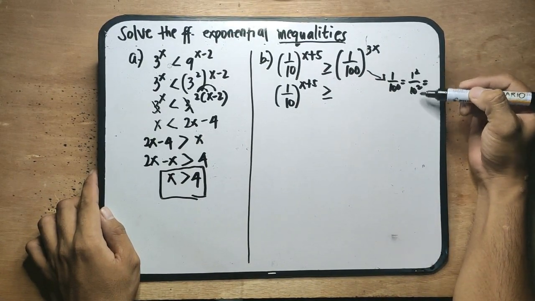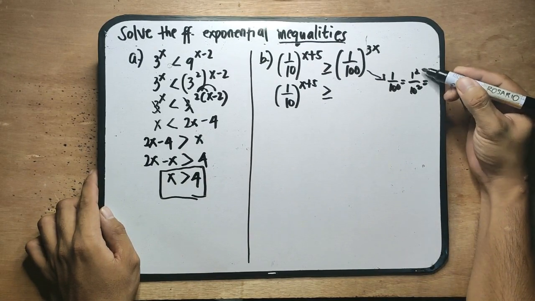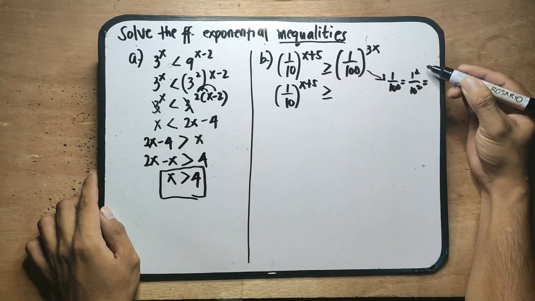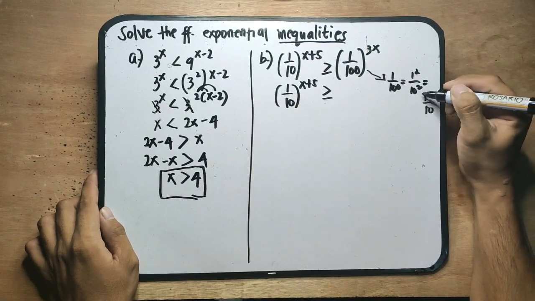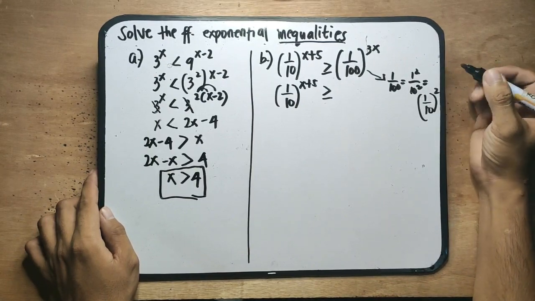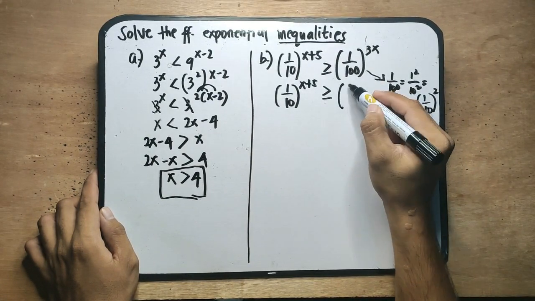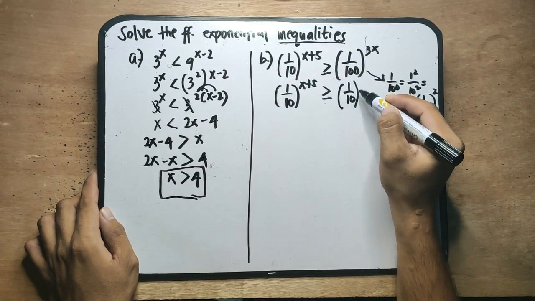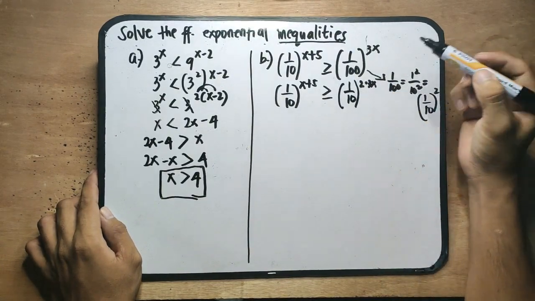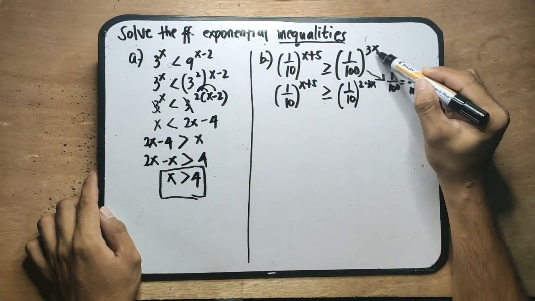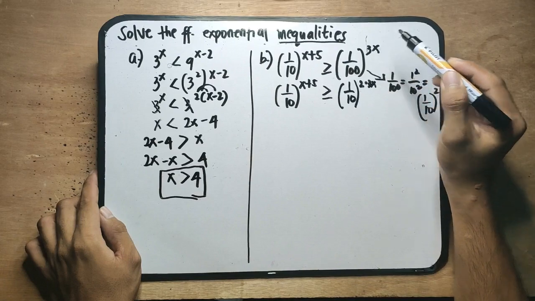Applying the quotient rule, since pareho sila ng exponent, pwede silang ilabas, it will become 1 all over 10 squared. So this will become 1 all over 10 squared times 3x, which is the exponent outside the parenthesis. Okay?